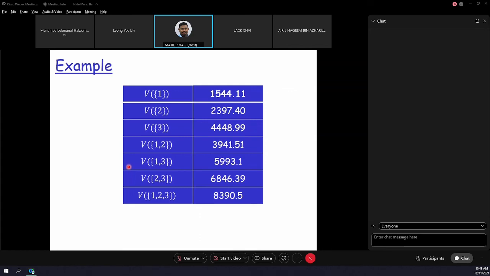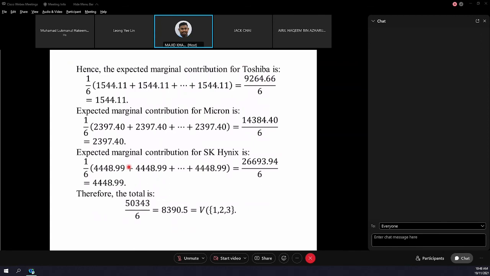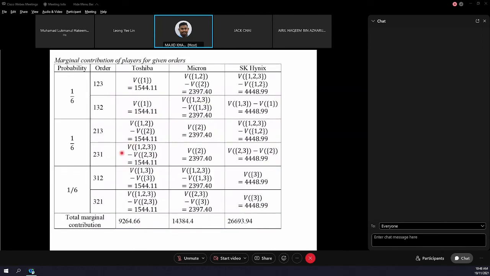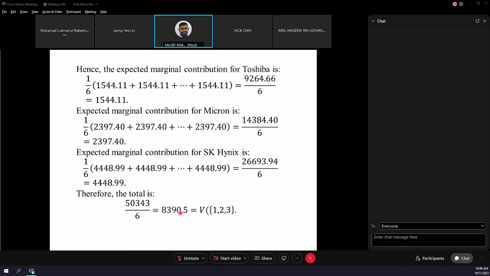Next, when you add these values together, 9264.66 plus 14384.4 plus 26693.94, you get around 50343.